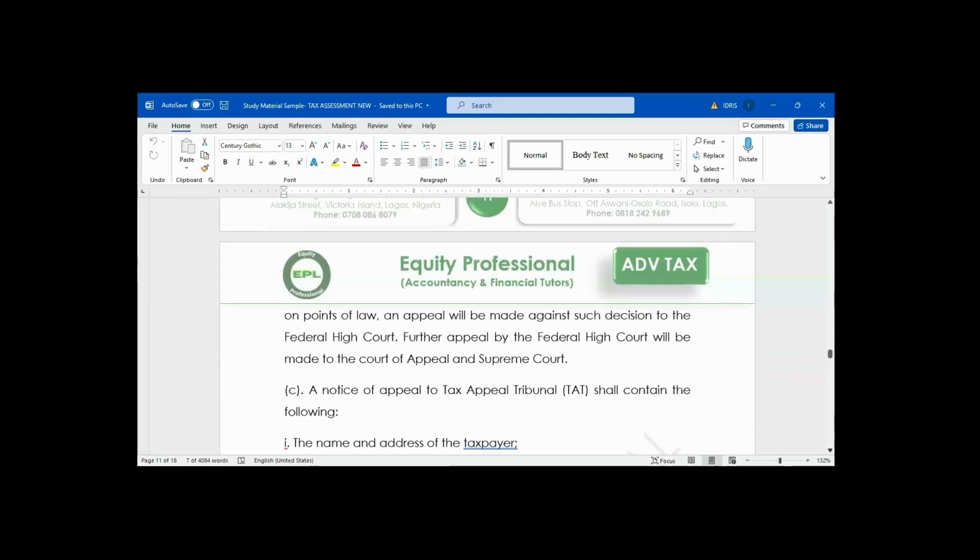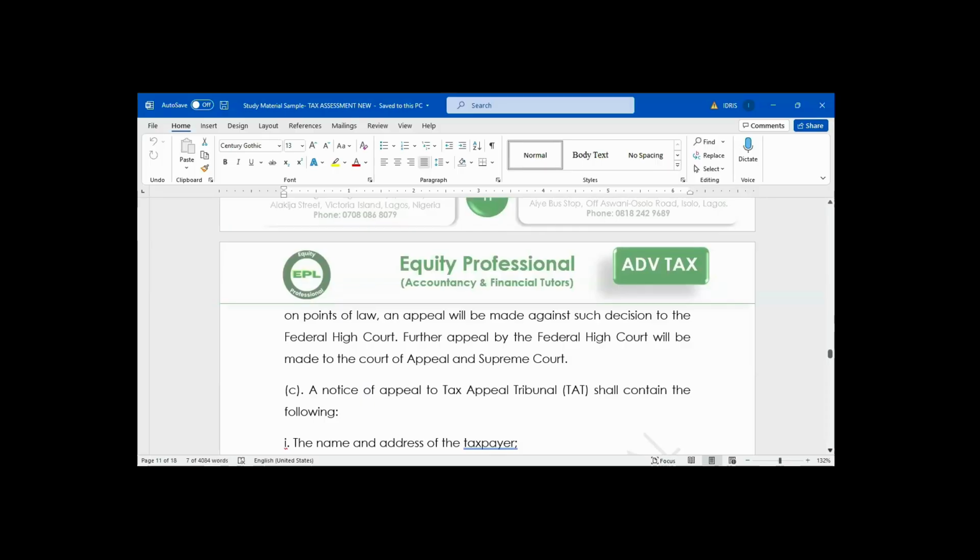Now, once you write notice of appeal to Tax Appeal Tribunal, that means you have taken tax authority to court. Tax Appeal Tribunal will now invite you and the tax authority.